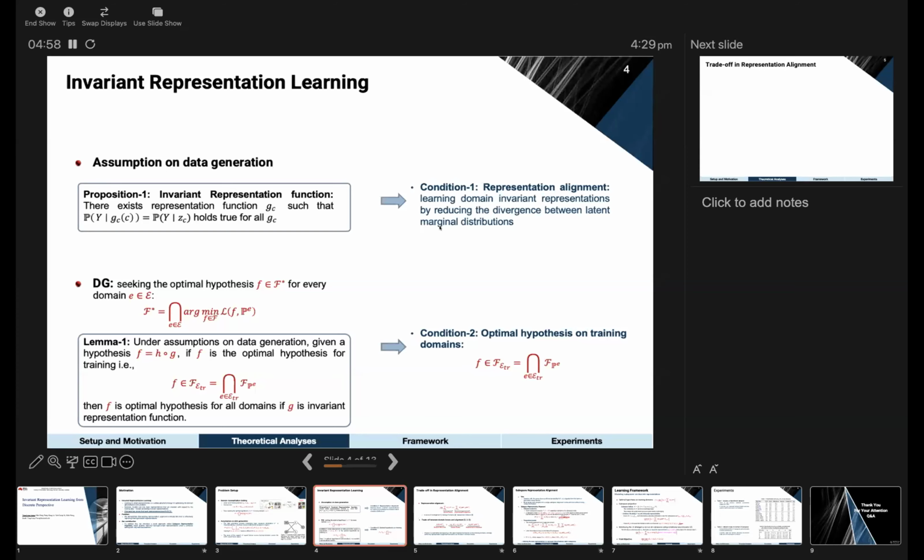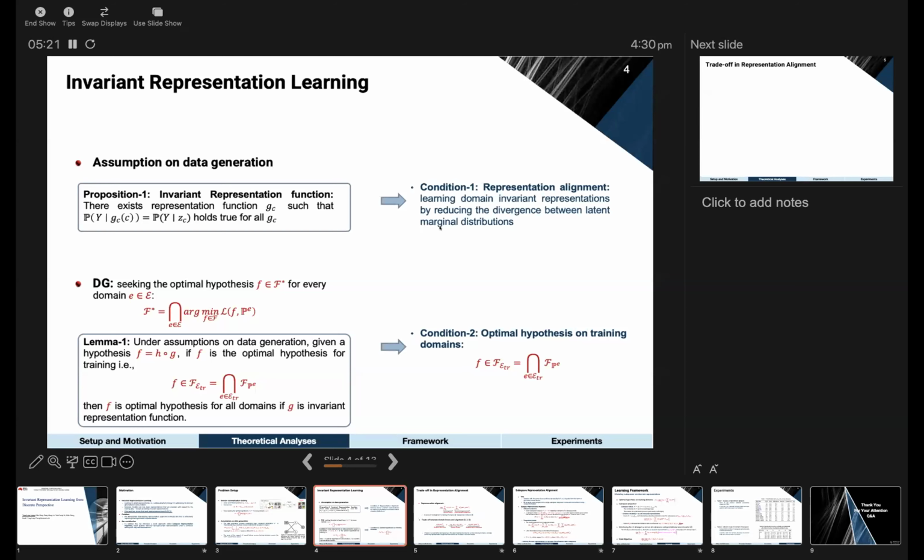So it implies that the invariant representation and the environment-specific representation should be conditionally independent given the label information, and this condition can be addressed by using the alignment method.